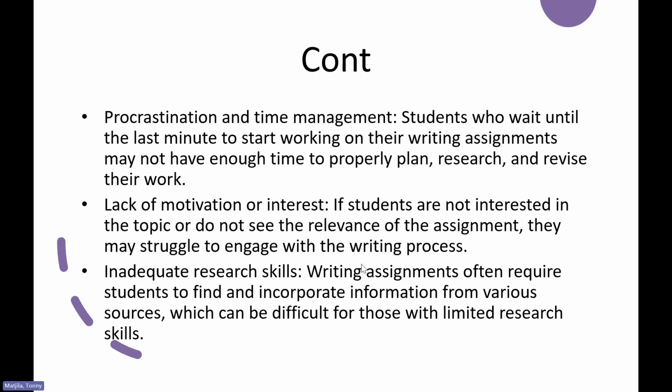And one of the big ones for honors and postgraduate diploma students on the research component modules is that some don't have adequate research skills. So we know that writing assignments, especially at this level, requires you to find and incorporate information from various sources, your articles, your books, and so on. And it can be difficult for those with limited research skills.